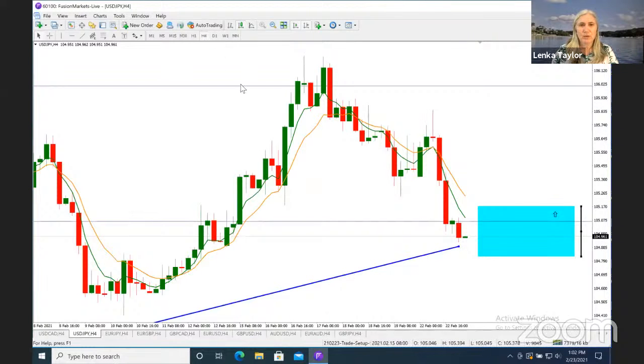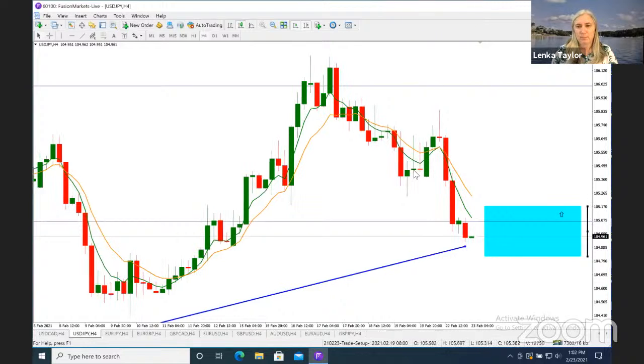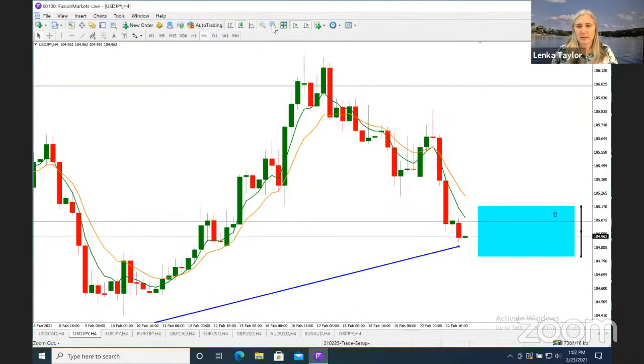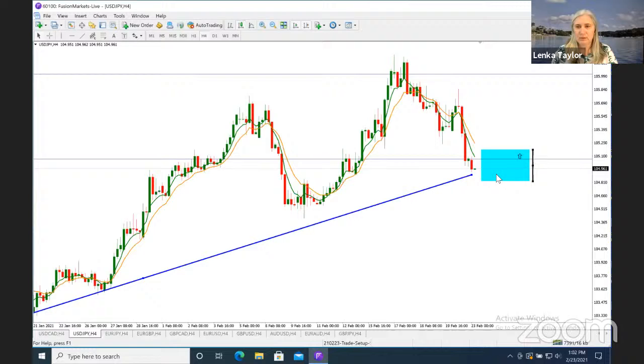For the entry on the H4 time frame, the price has pulled back nicely into this sort of area. I'm looking for any entry setup within this area here. So possibly not this bar, but maybe later on or tomorrow.